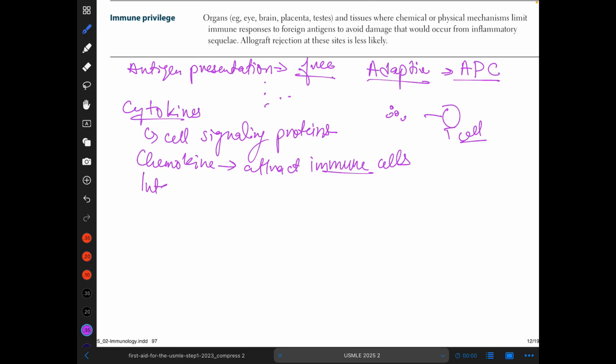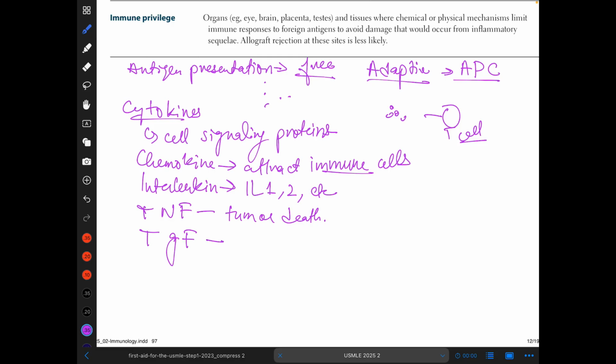There are interleukins, interleukin 1, 2, etc., and tumor necrosis factor, which can cause tumor death. We also have transforming growth factor, and interferon. Why do we say interferon? Because they interfere with viral replication.